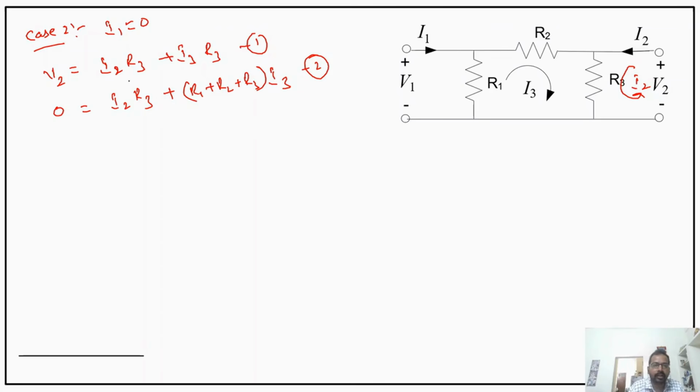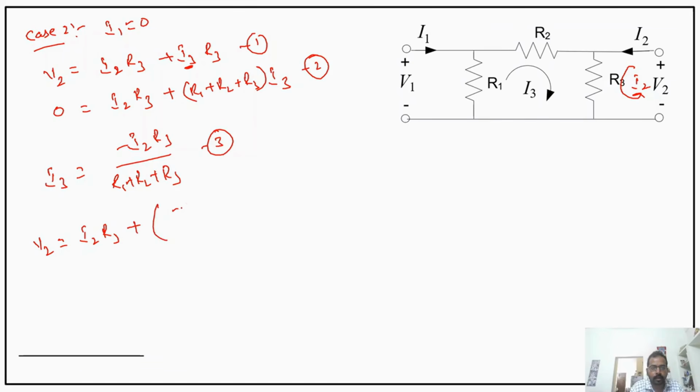So similarly, we need V2 by I2, so we need to eliminate I3. So we are trying to take I3 from here. So my I3 is equal to I2 R3 divided by R1 plus R2 plus R3. Let us assume this is third equation. Substituting in the first equation, we get V2 equal to I2 R3 minus I2 R3 divided by R1 plus R2 plus R3 into I2.